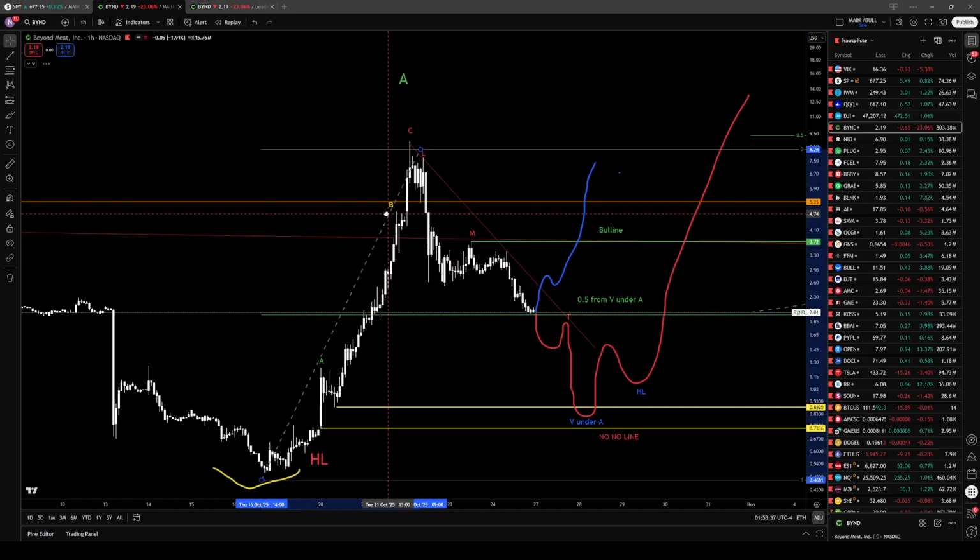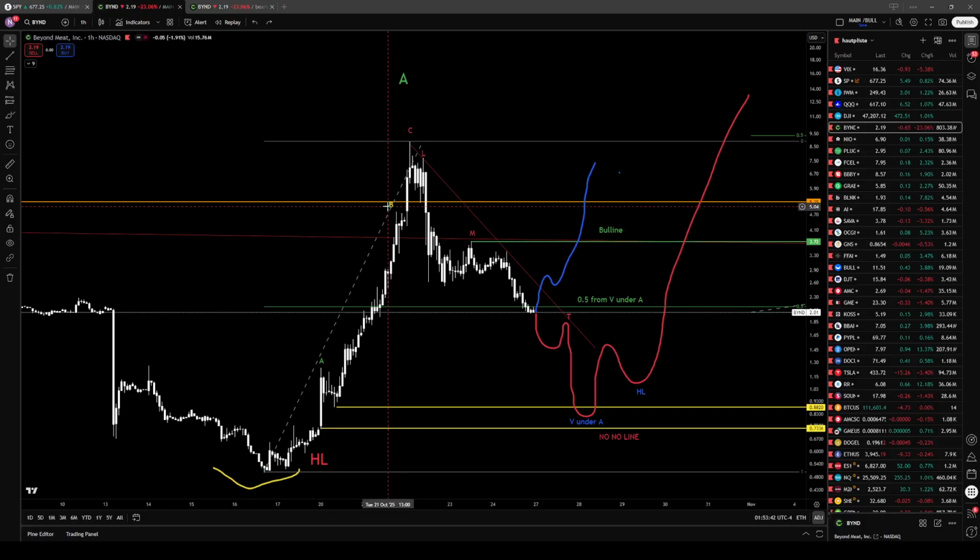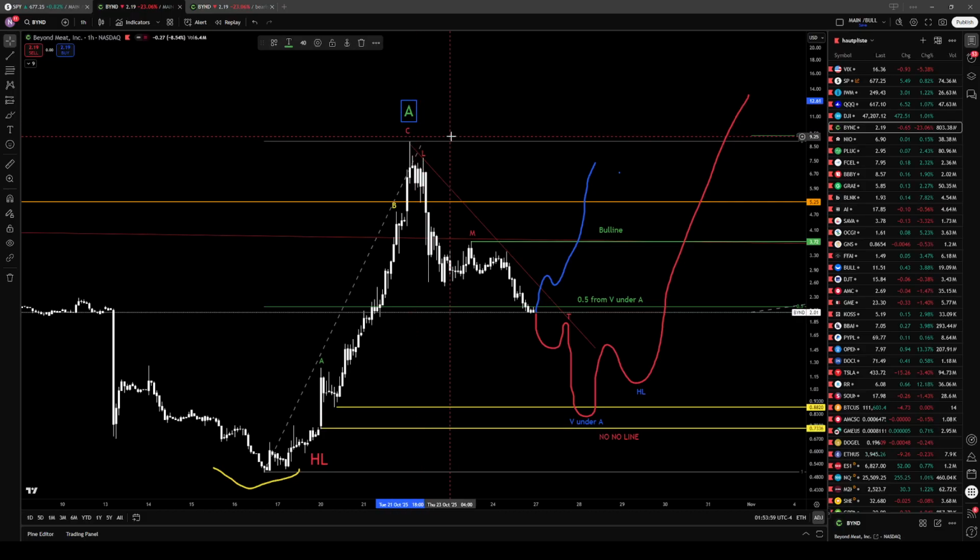Somewhere in here would be our B. It's not really nice showing itself here. I would imagine it's this, but it was a very strong trend test. And this would be our little C, and at the same time our big A.